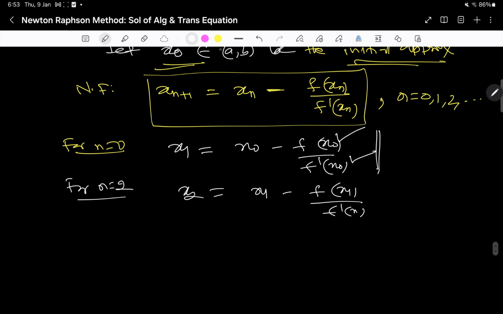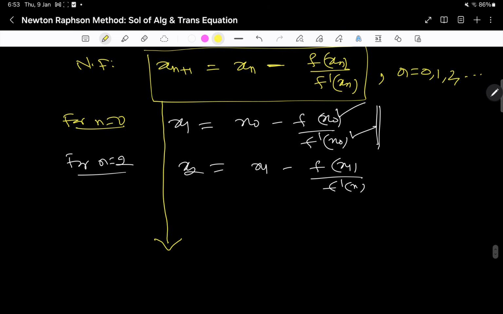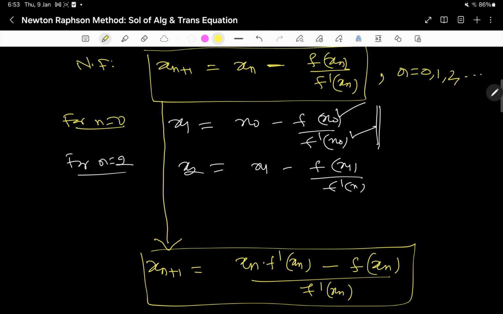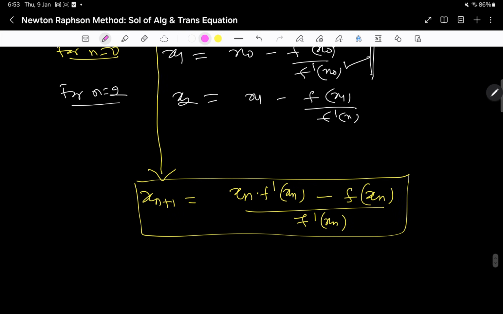However, what we can do is just simplify it and express it as a single function. So here my x n plus 1 will be x n into f dash x n minus f x n, divided by f dash x n, and I just keep it in the memory of the calculator.